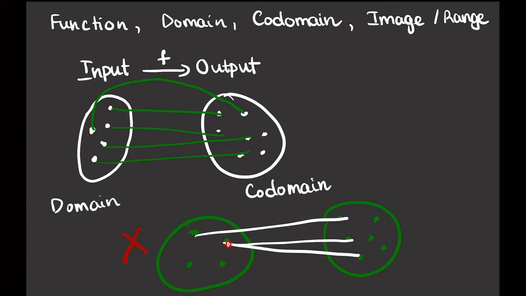One input, like one element in the domain, can only have one output. It has to have an output and it can only have one output. So one dot in here can only be mapped to one dot in here. If you map one dot in the domain to two dots in the codomain, it is not a function.